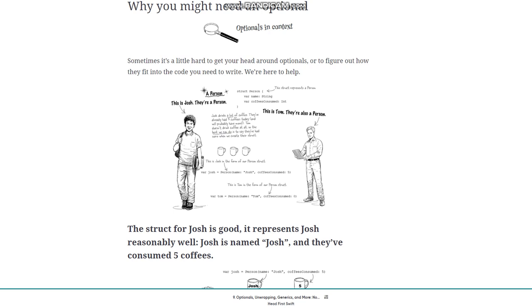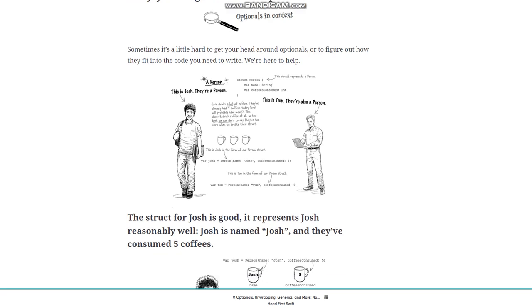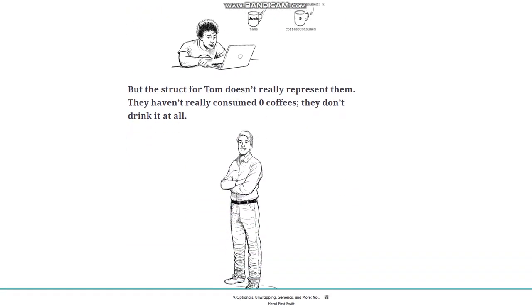Here we also can see another example, a little bit similar to the apartment and person sample, but here it is with coffee consumed, and we have a person and coffee consumed, with a name, right? Sometimes some people, in my case, I don't like to drink coffee, but some people like to take coffee, and in my case it could be an optional value. So instead of putting that information, we can not put it.